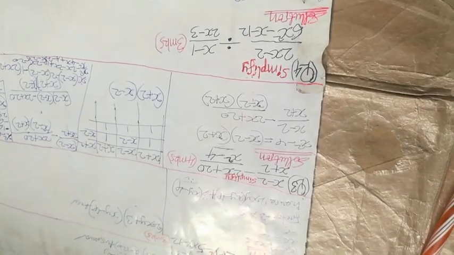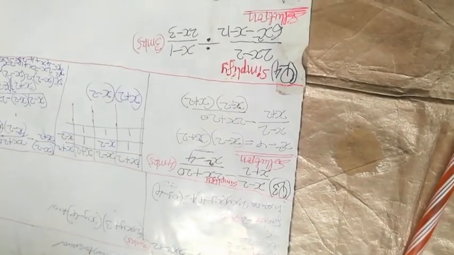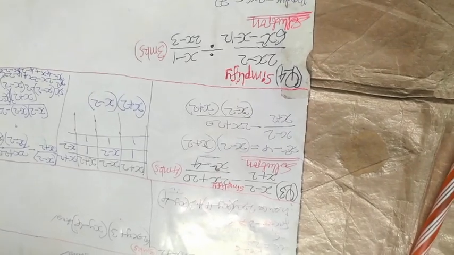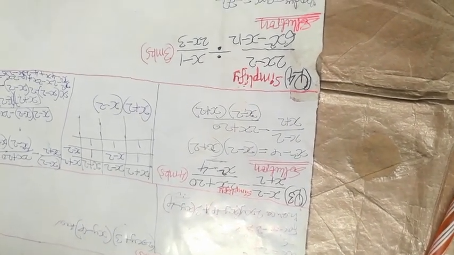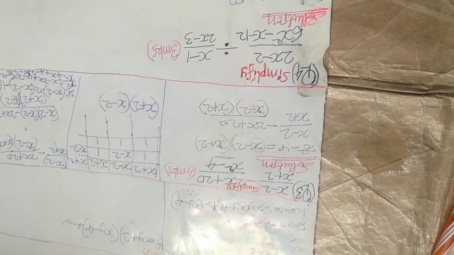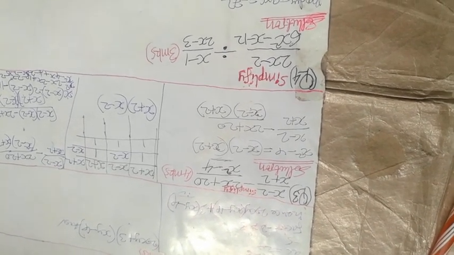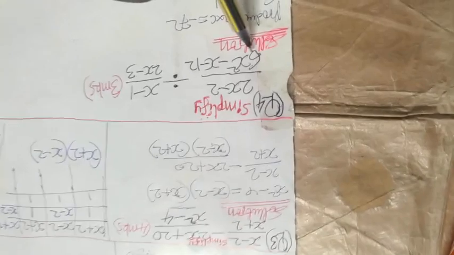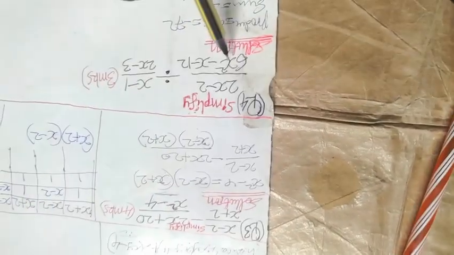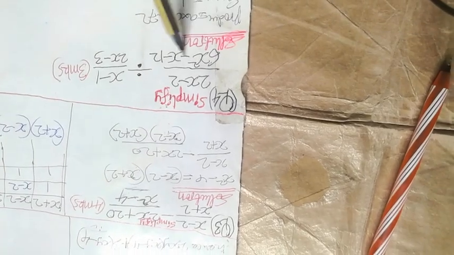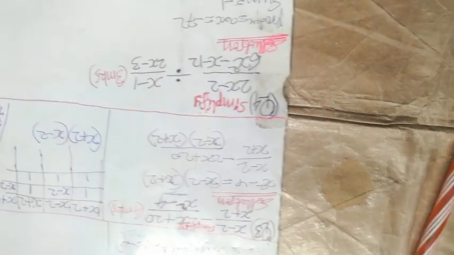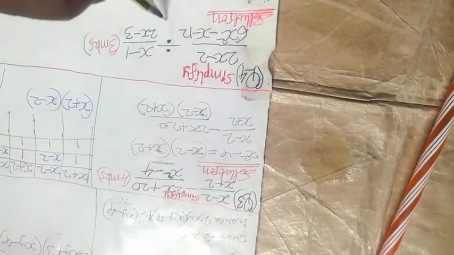This will give us 6x squared minus 9x plus 8x minus 12. We have started with the algebraic expression, which is this part of the question.